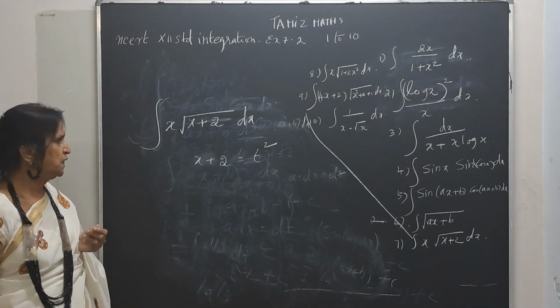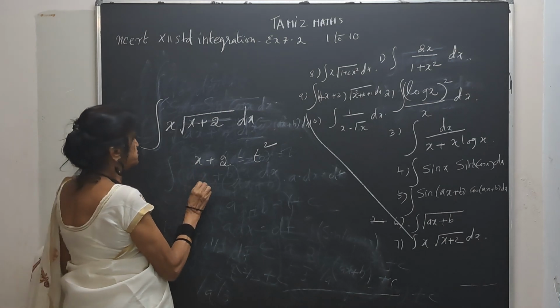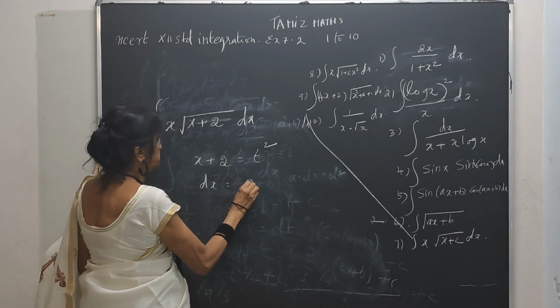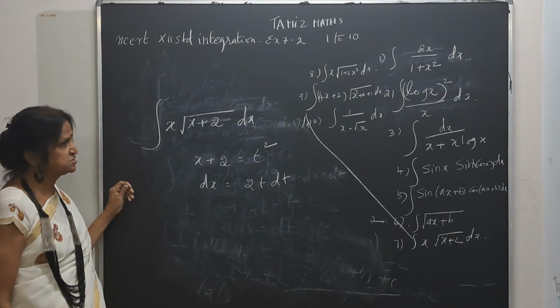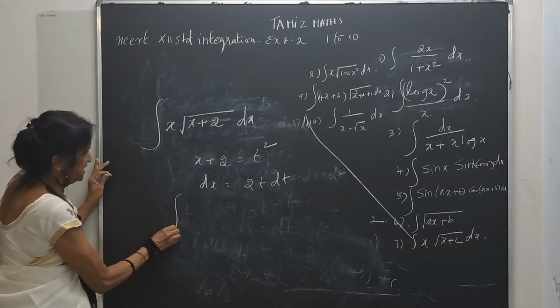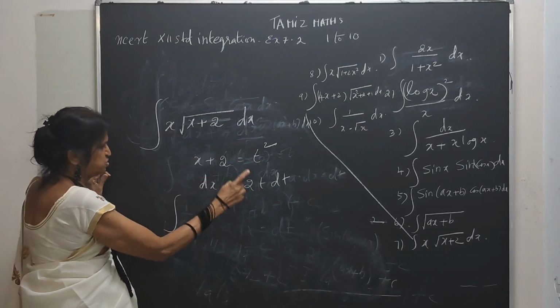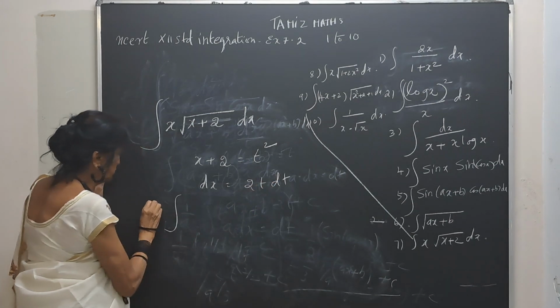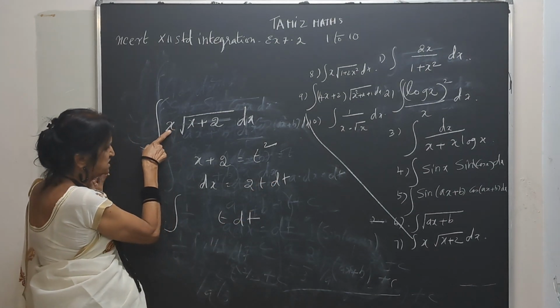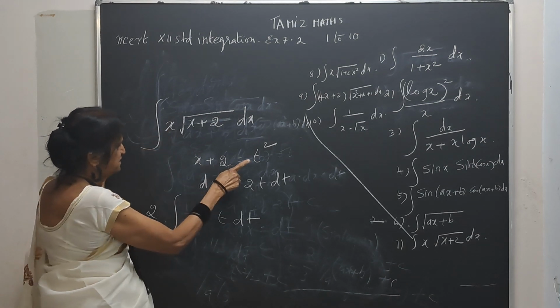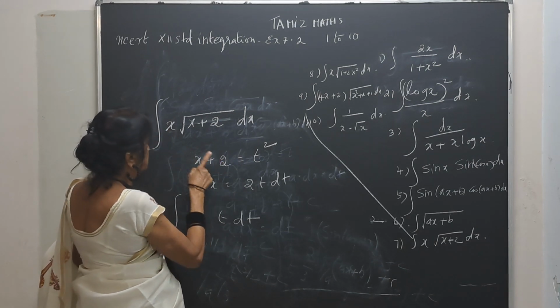Yes, it will work. dx is equal to 2t dt. So dx is 2t dt. What is x? t square minus 2.